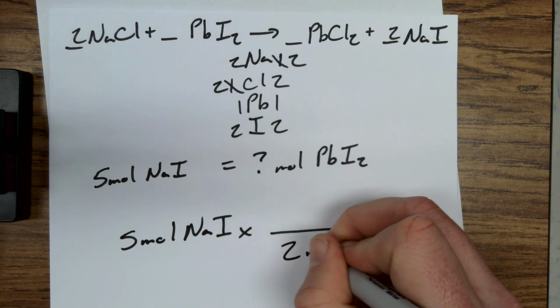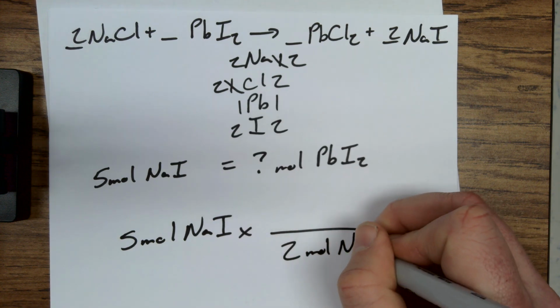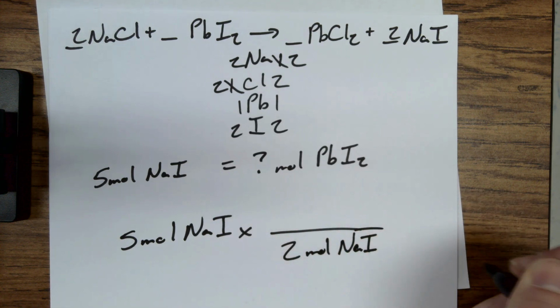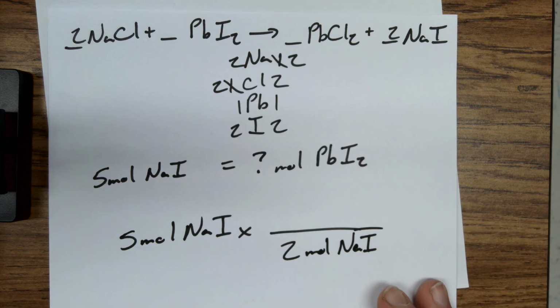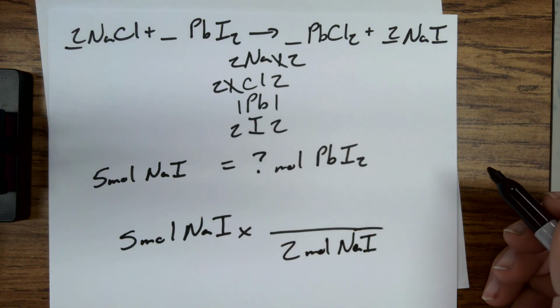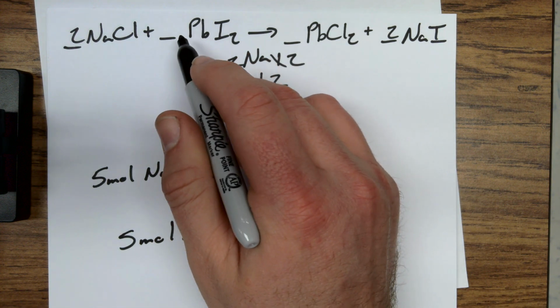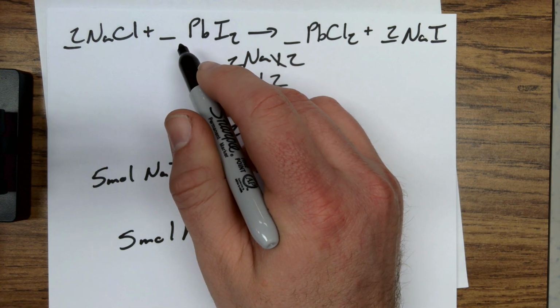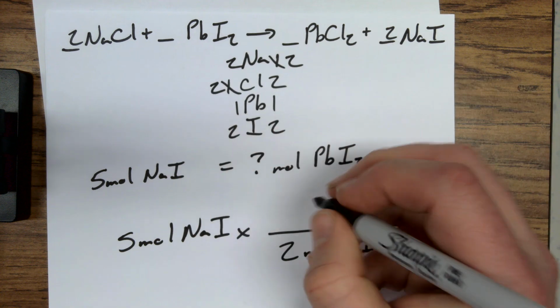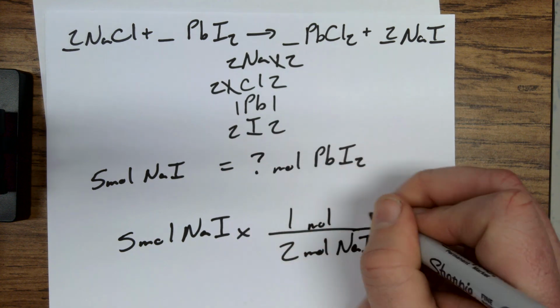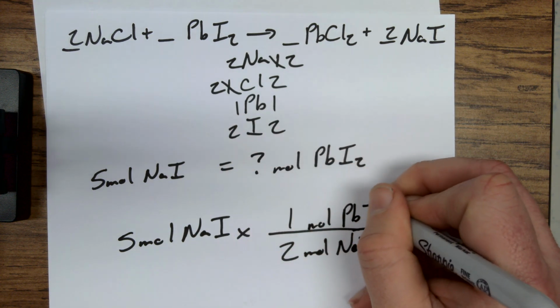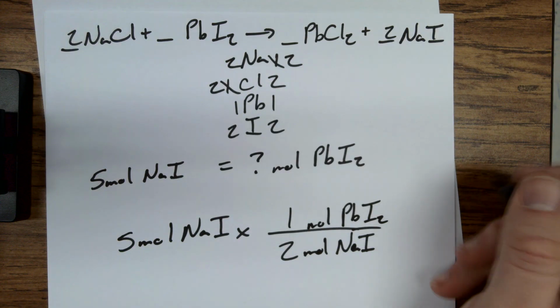So that's 2 moles sodium iodide. I want the moles of lead-2 iodide. How many moles of lead-2 iodide do I have in my equation? 1. If there's no coefficient in front of it, we treat it as a 1, right? So I have 1 mole lead-2 iodide.